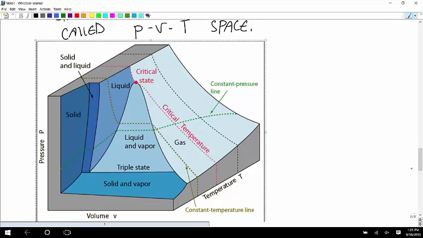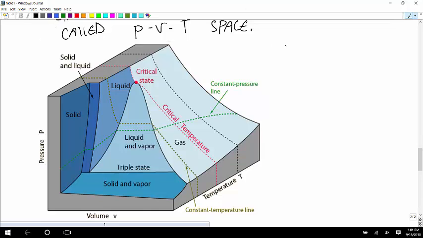And so the fact that it's a three-dimensional surface means if you specify any two of those three properties that are shown, pressure, volume, or temperature, it'll give you the other one. It'll show you where that surface has to be in the other direction. Okay, so this is what the PVT surface looks like for most materials.